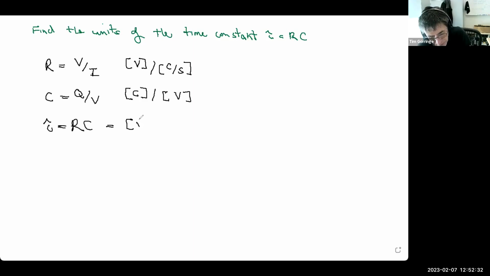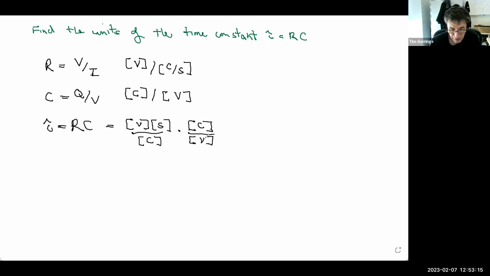I'm going to rewrite the units of resistance, volts divided by coulombs per second, as volts times seconds divided by coulombs. Then I multiply this by the units of capacitance, coulombs divided by volts.